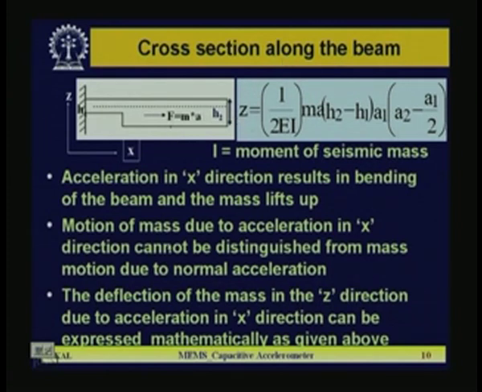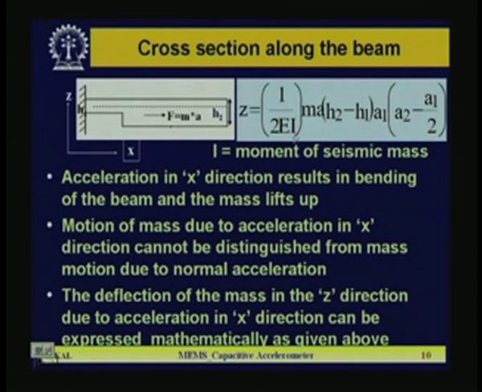Okay. And acceleration in x direction results in bending of the beam and the mass lifts up. If you use single flexure, motion of mass due to acceleration in x direction cannot be distinguished from mass motion due to normal acceleration. The deflection of the mass in z direction due to acceleration in x direction can be expressed mathematically as given above.